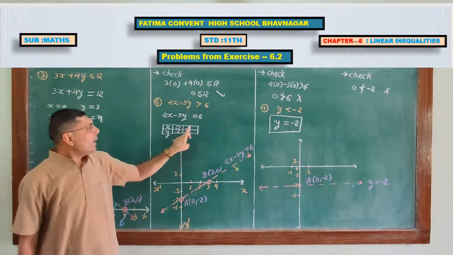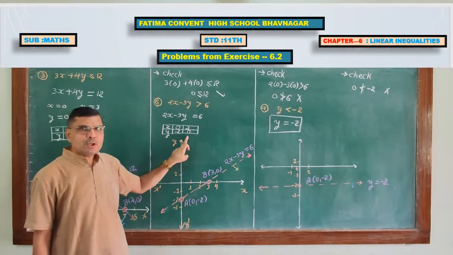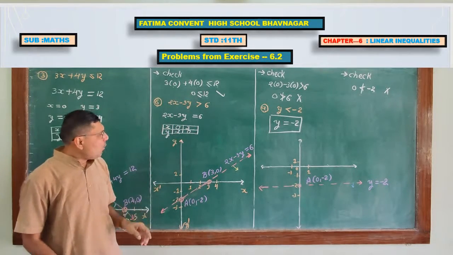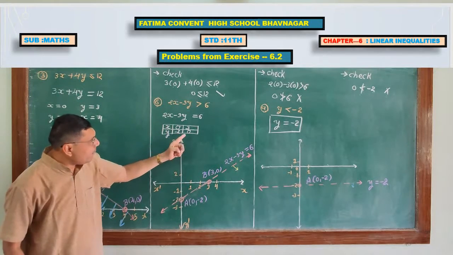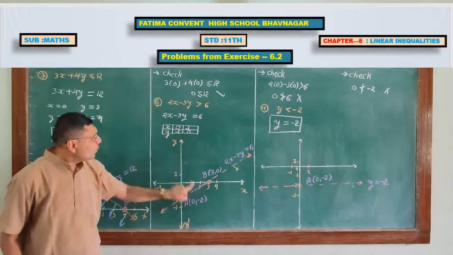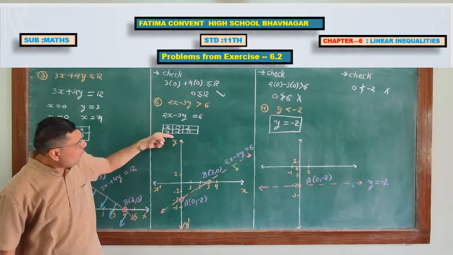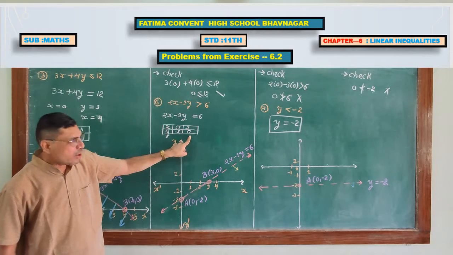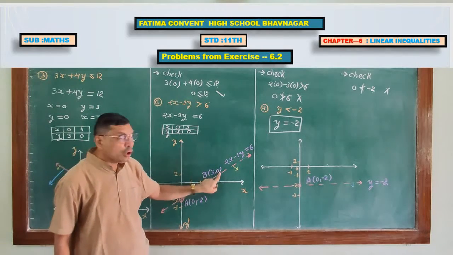Then if I put y equal to 0, you will get x equal to 3. Once again you have two points: point A (0, minus 2) and point B (3, 0).